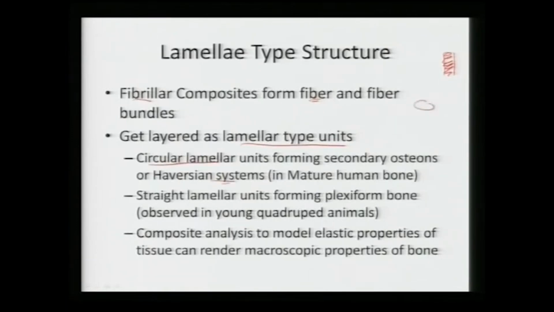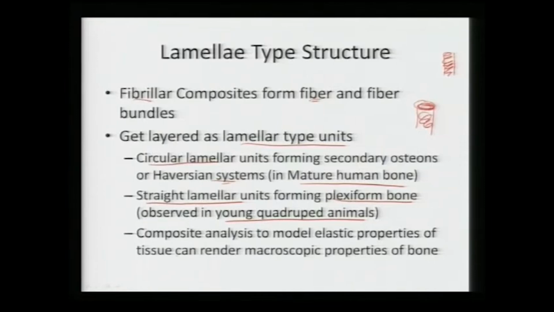So we have fibrous circular lamellar type units which form osteons or the Haversian system. That happens in mature human bone, whereas there can also be formation of straight lamellar units which form a plexiform bone, which is predominant in young quadruped animals like cats or bigger cats or rabbits.